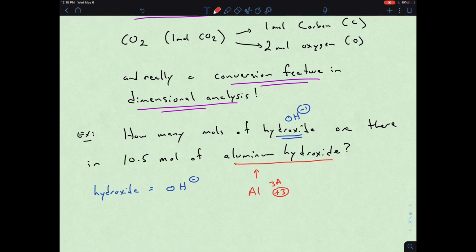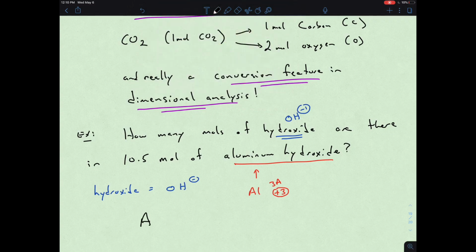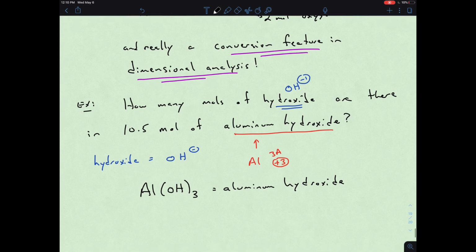If we put those two together, that means we have aluminum hydroxide, which looks like this. So there's our aluminum hydroxide, and basically we're just doing a simple mole-to-mole relationship.